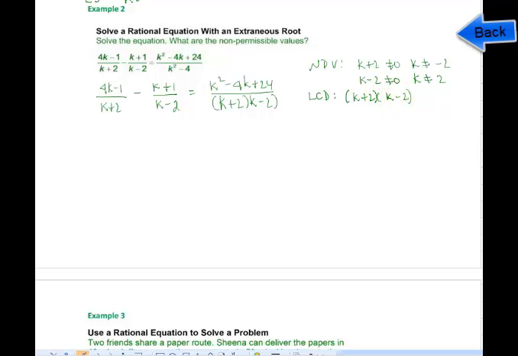All right, so we're going to multiply every part of our equation by our LCD: the left part, the middle part, and the right part.